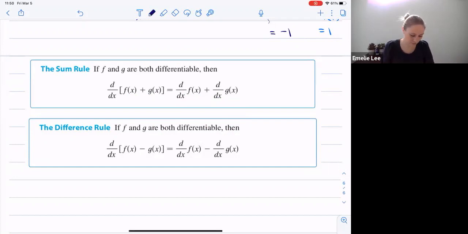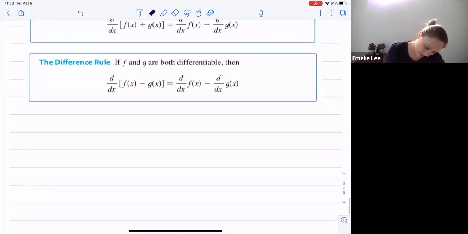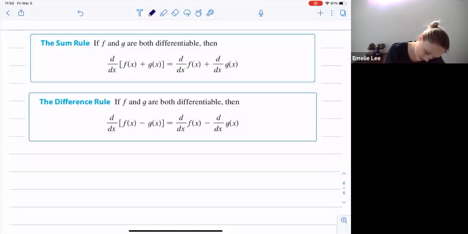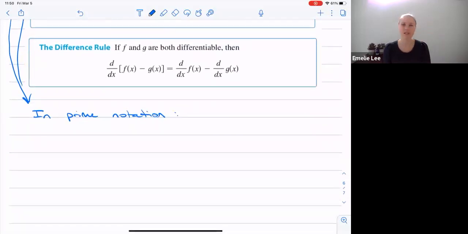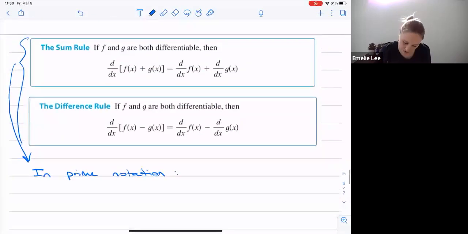And so here, these two in prime notation. I'm going to do plus minus because if you do a little deep dive here, these are the exact same, except now I'm subtracting or adding. So they behave the same way regardless.